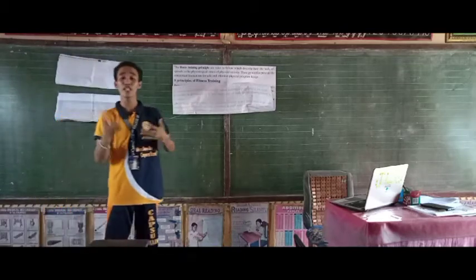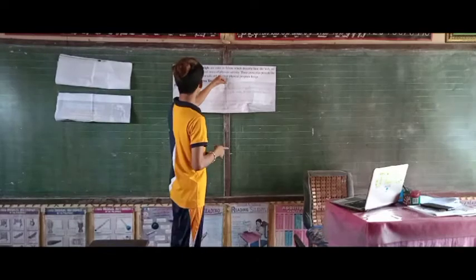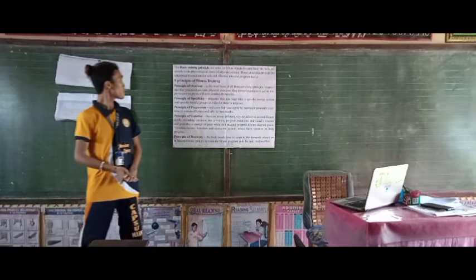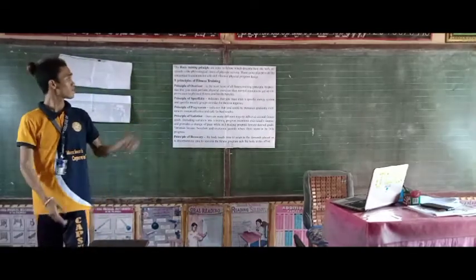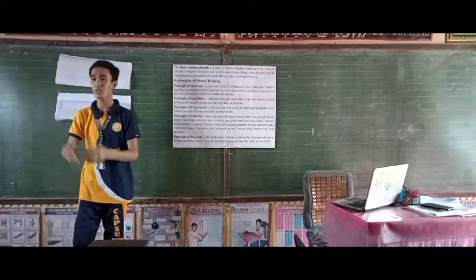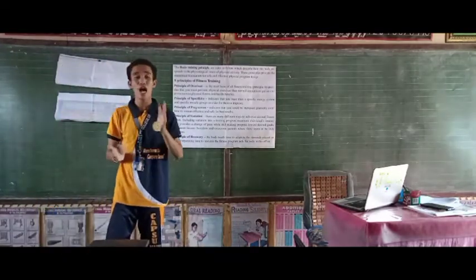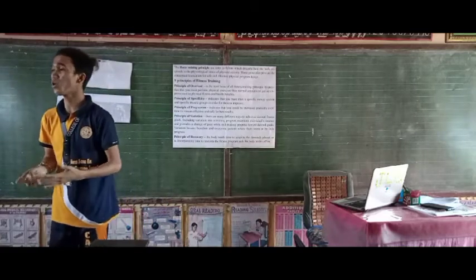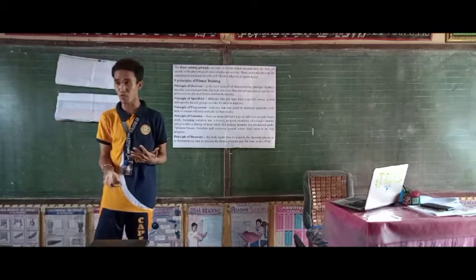Okay, now that you've already know the meaning of basic training principle, let us move on to the discussion of 5 principles of fitness training. First principle is the principle of overload. Yes, Kay, kindly read. Thank you so much. You may now take your seat. So, principle of overload class, from the word itself, we must put our bodies into more stress in order for adaptive changes to be made or in order for our body to improve.